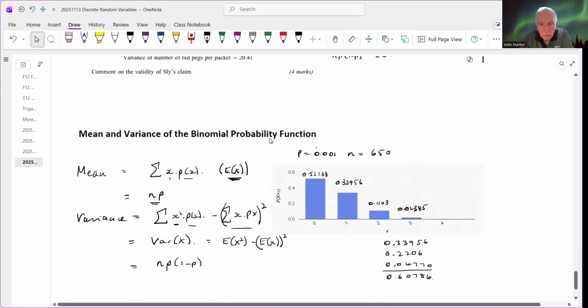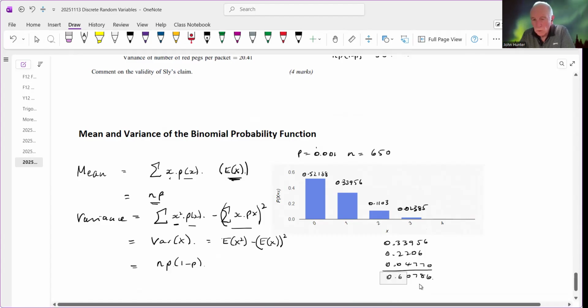So just going back to the buttons example. Here are the first four probabilities. There are a lot more probabilities down here, but if we calculate the mean just based on these first few, it's 0.52188 times 0, plus 0.33956 times 1, plus this times 2, plus 0.02385 times 3.